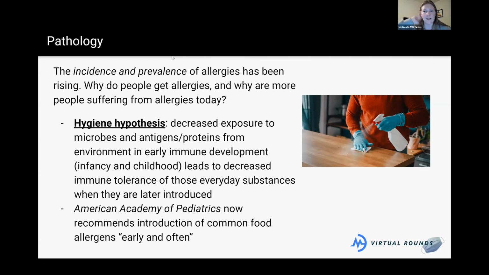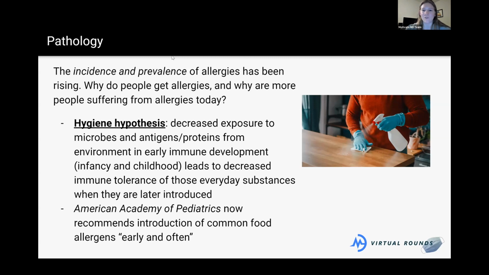And there's something called the hygiene hypothesis, which I was taught in my immunology class as kind of the most accepted hypothesis as to why people are experiencing more allergies. It's not entirely evidence-based, and it's definitely not a proven reason why.